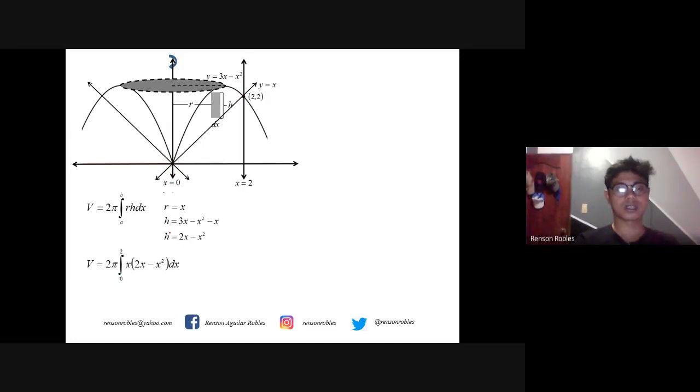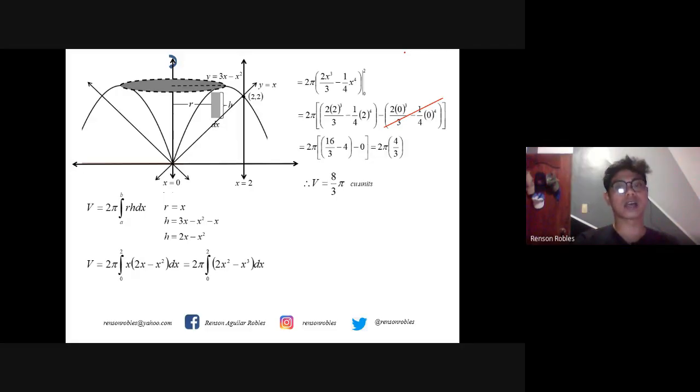Okay, and then multiply. So you'll have 2x squared minus x cubed. Okay, and then integrate. You have this, evaluate. Then this will become 0. And then you'll have 8 pi over 3. Okay?